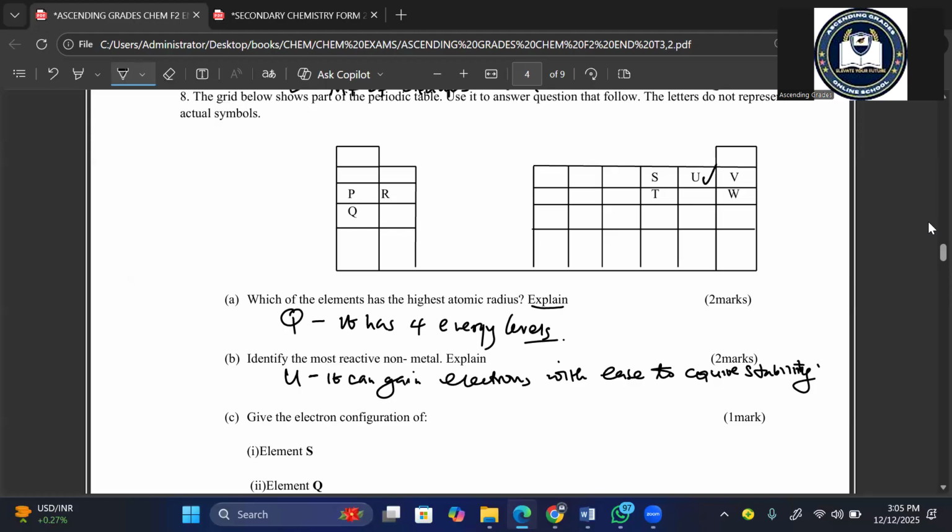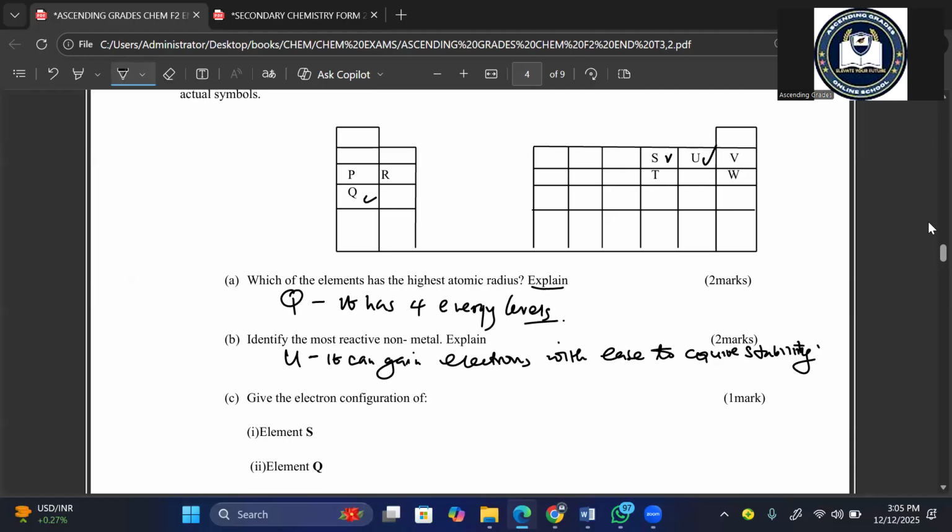Give the electron configuration of element S and element Q. We can start with element Q. Element Q is in group 1, period 4, so 2.8.8.1.